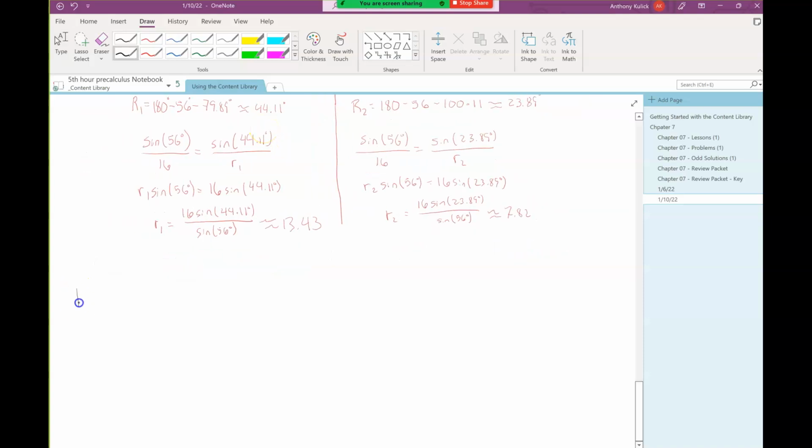Let's look at another example here. Let's say that we have angle A is 74, side a is 2.5, and side c is 4.9.